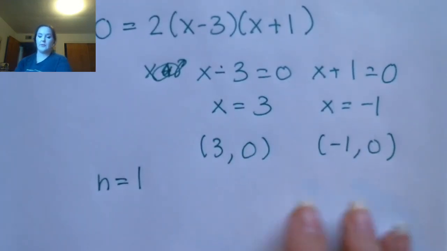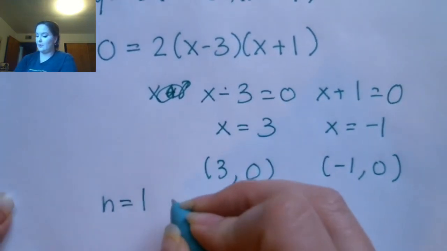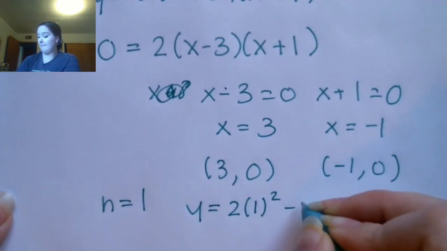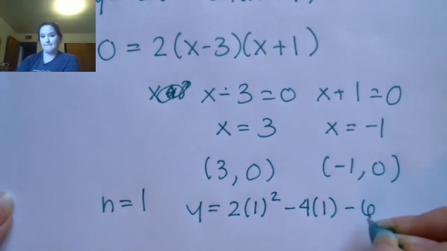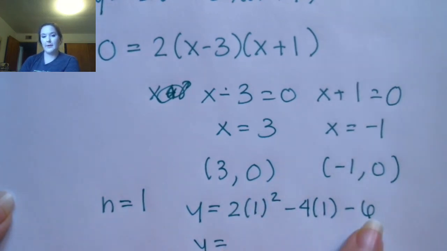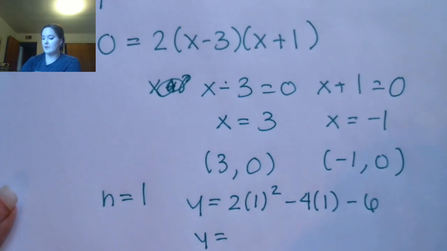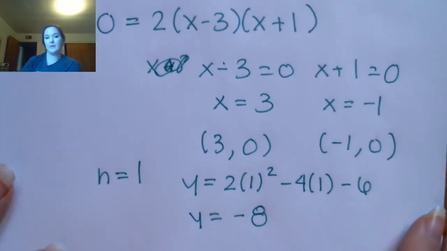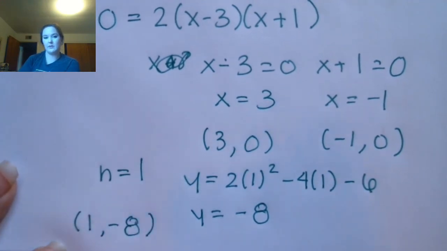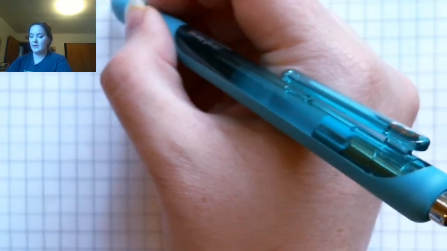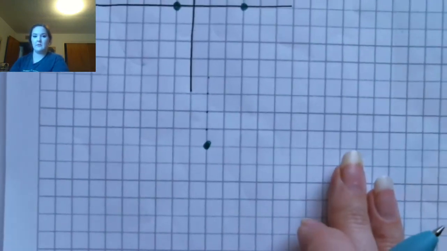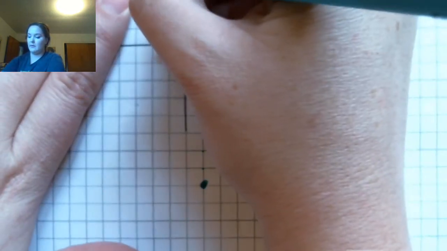I'm going to find the corresponding y value by plugging this into my original equation. So I'll get 2 minus 4 minus 6, which should be negative 8. So my vertex is going to be 1, negative 8. So 1, negative 1, 2, 3, 4, 5, 6, 7, 8. And I'm going to draw in my parabola.